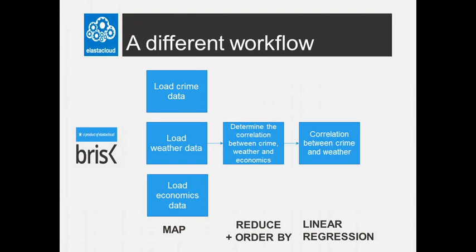Then you can run the reduce on this, so you can do aggregations in that reduce, you can do sums, and you can order the data. You can order the output of data, and then you can run things like linear regression on top of it, or you can run any machine learning process, all within the same piece of software. So it's very, very more continuous, I think, where Hadoop is a little bit more discontinuous.